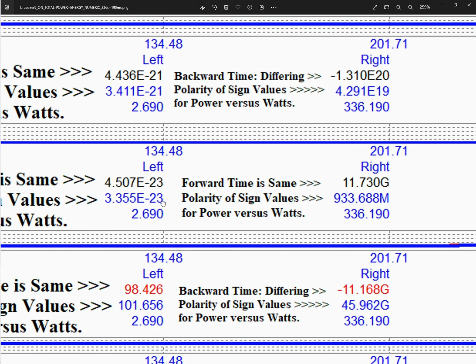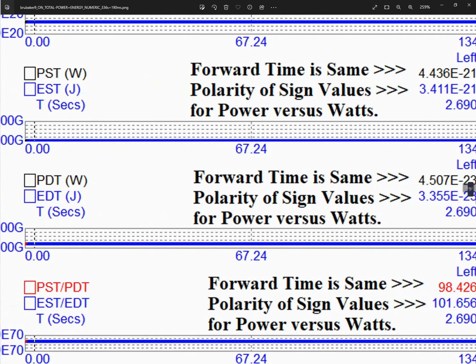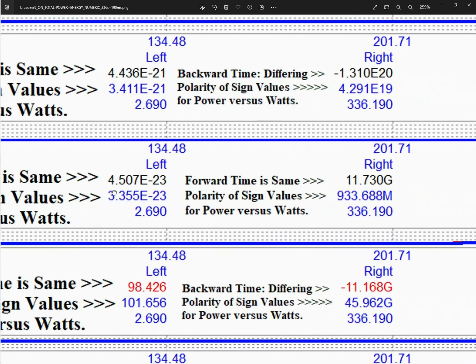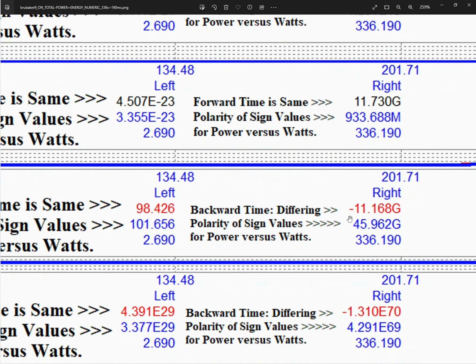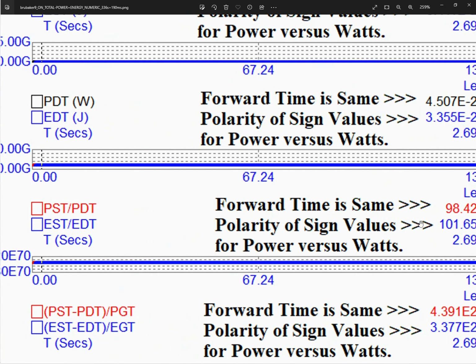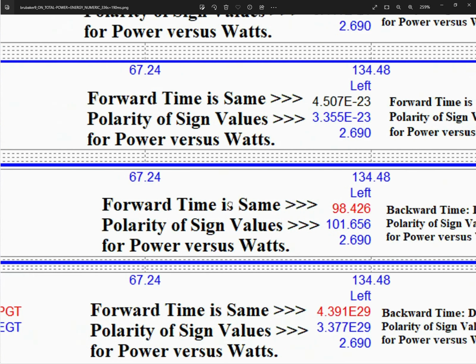That's for storage. For dissipation, over here, it's the same as at the beginning. It's forward time because the sign value is the same. But here we get differences because I'm doing ratio proportions, comparing what is stored versus what is dissipated.